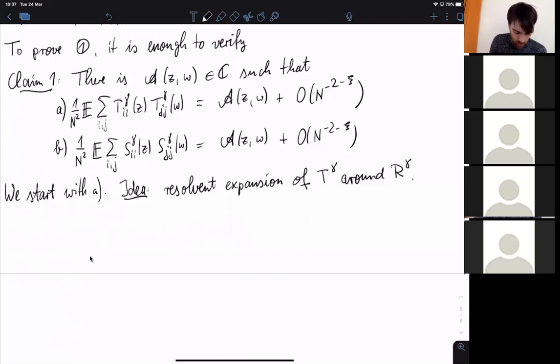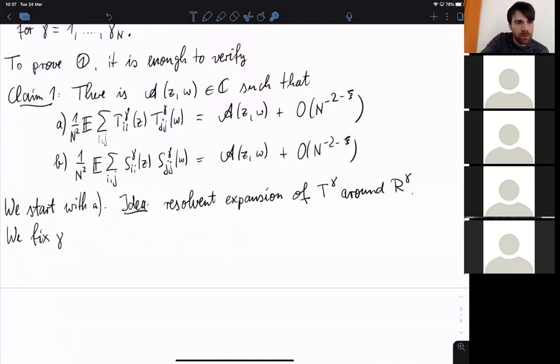So a resolvent expansion of T gamma around R gamma. It's easier to fix gamma, and this here is of course for fixed gamma. This A will of course depend on gamma, but that's fine.